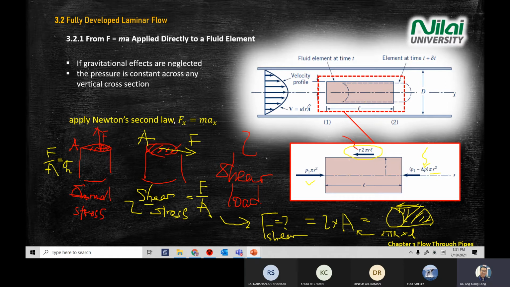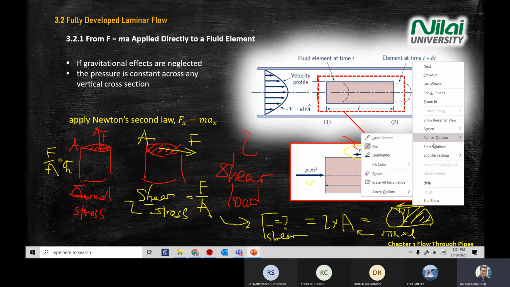Like a jelly, you push something and you will have a layering behavior. At the wall, you can see a friction effect, where the shear stress acts on the surface. So you take shear stress times area, and this one is 2 pi RL.